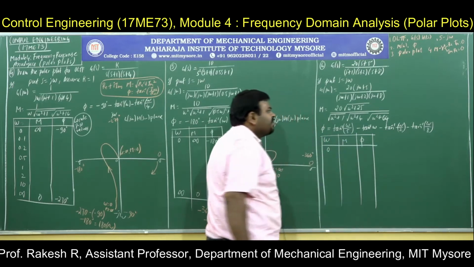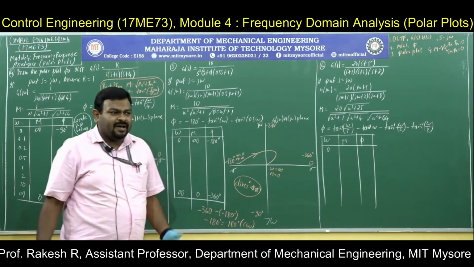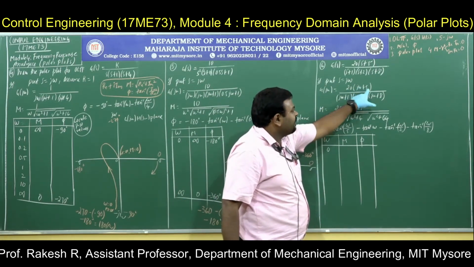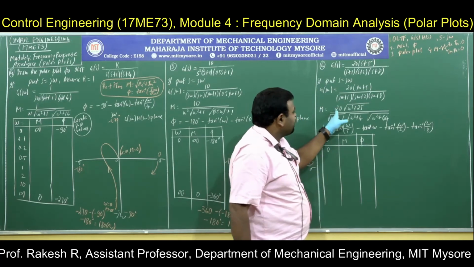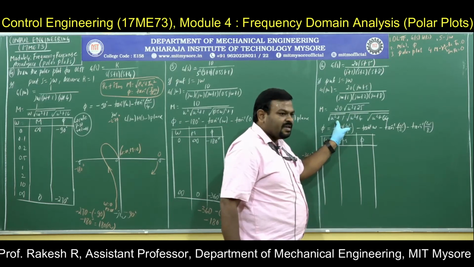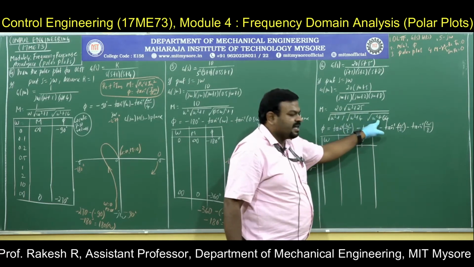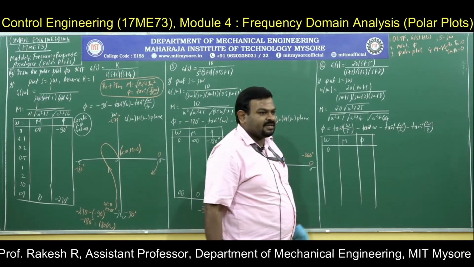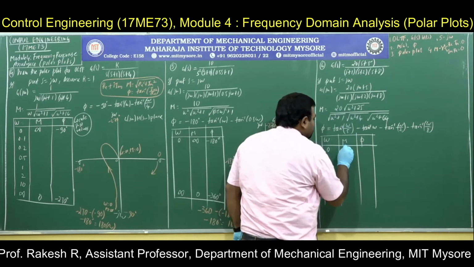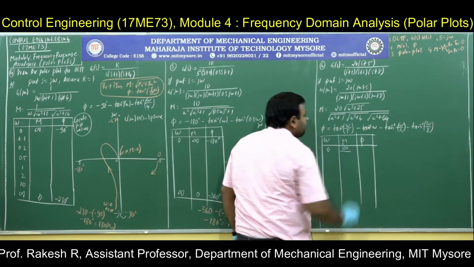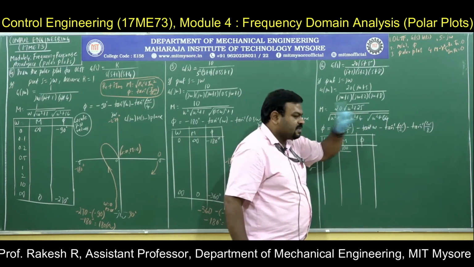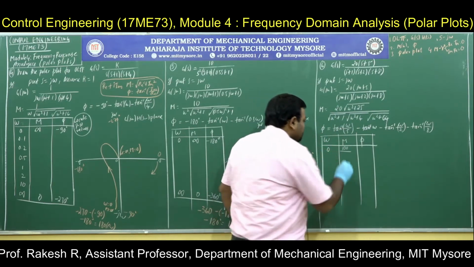If omega is equal to 0, what is the magnitude? 20 into square root of 25, that is 20 into 5, which is 100, divided by square root of 1 is 1, square root of 4 is 2, square root of 64 is 8, 8 2s are 16, so 100 by 16.